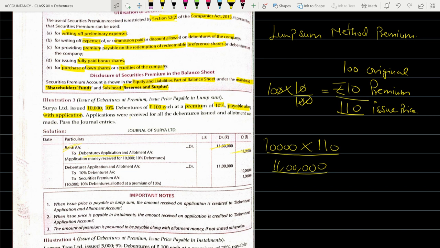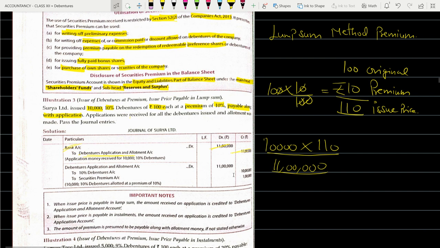Do we have the date of issue of debenture in this case? Students, kindly confirm. Hello, am I audible to you all?